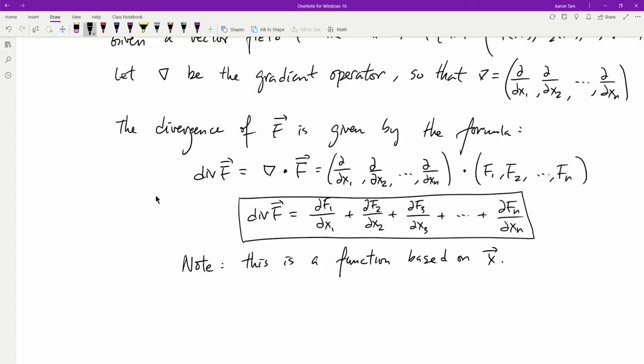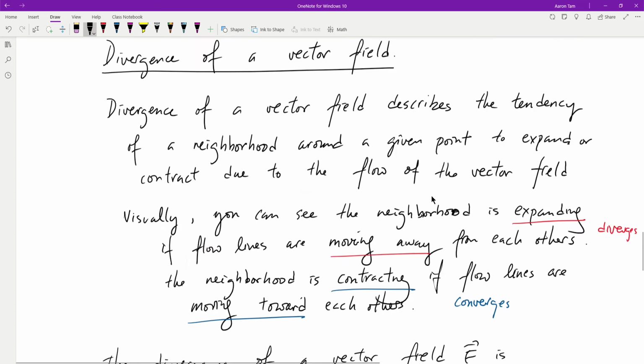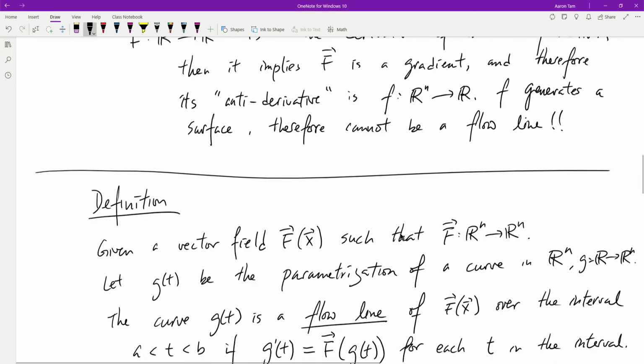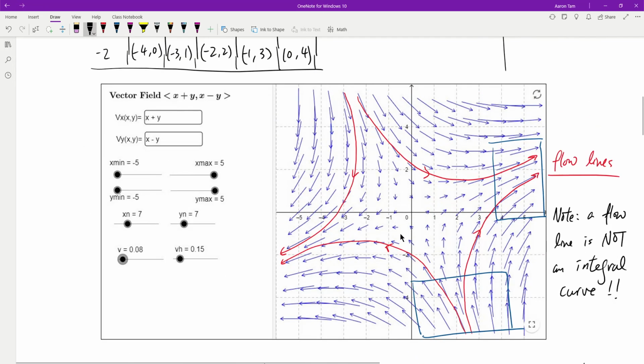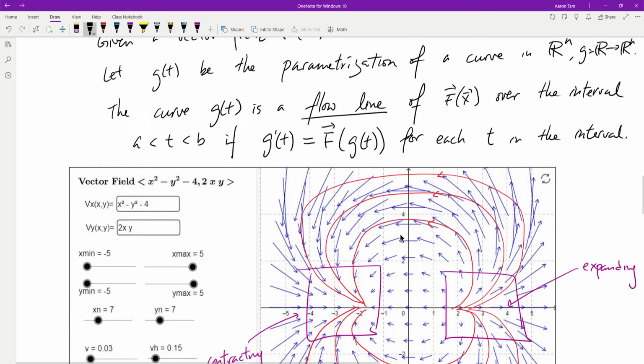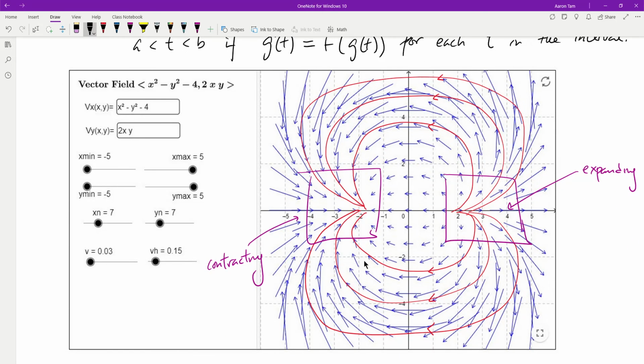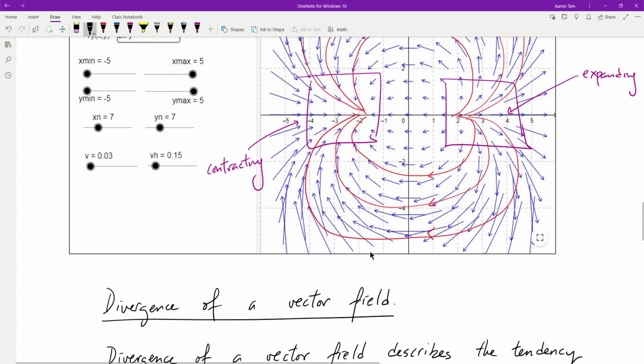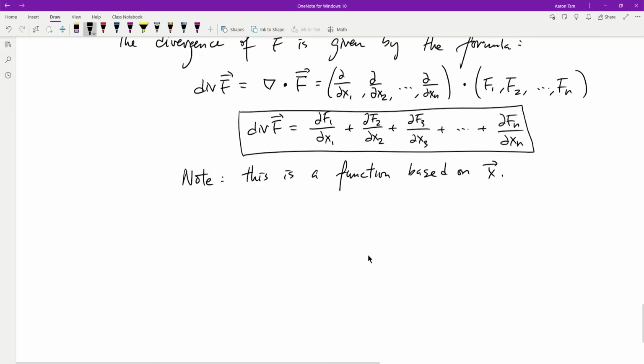Now, maybe this is hard to understand, so maybe we look at one of the vector fields that we know. Maybe we'll do this one right here. This one seems nice. Then we can try to calculate some different points on this graph and see how they are affected by the divergence. Okay, let's go ahead and give it a try.